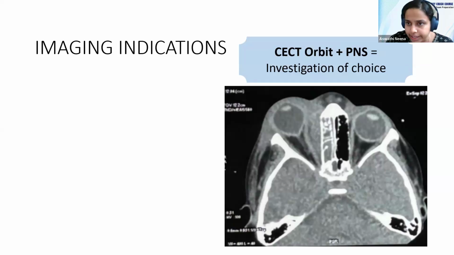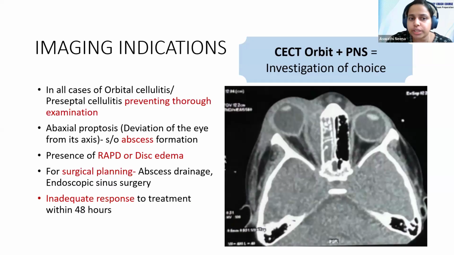It's preferred in all cases, but in a resource limited setting, we might have to become picky. Therein we image all cases wherein we can't do a thorough examination, where we are suspecting an abscess like in abaxial proptosis, when there's defective vision, RAPD or disc edema, and definitely for planning surgeries, and if there is an inadequate response within 48 hours. These warrant emergent or urgent imaging.